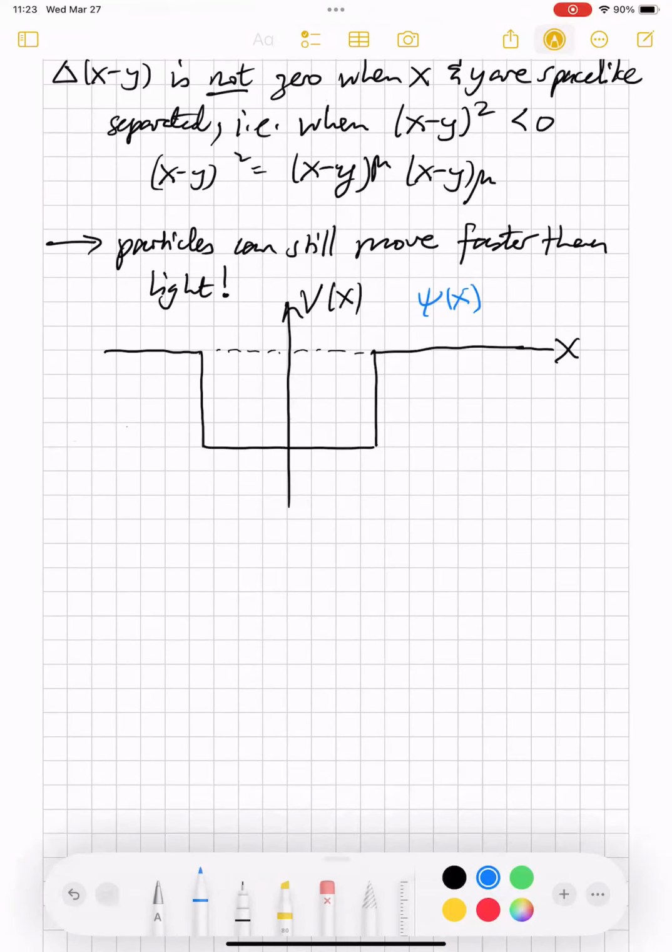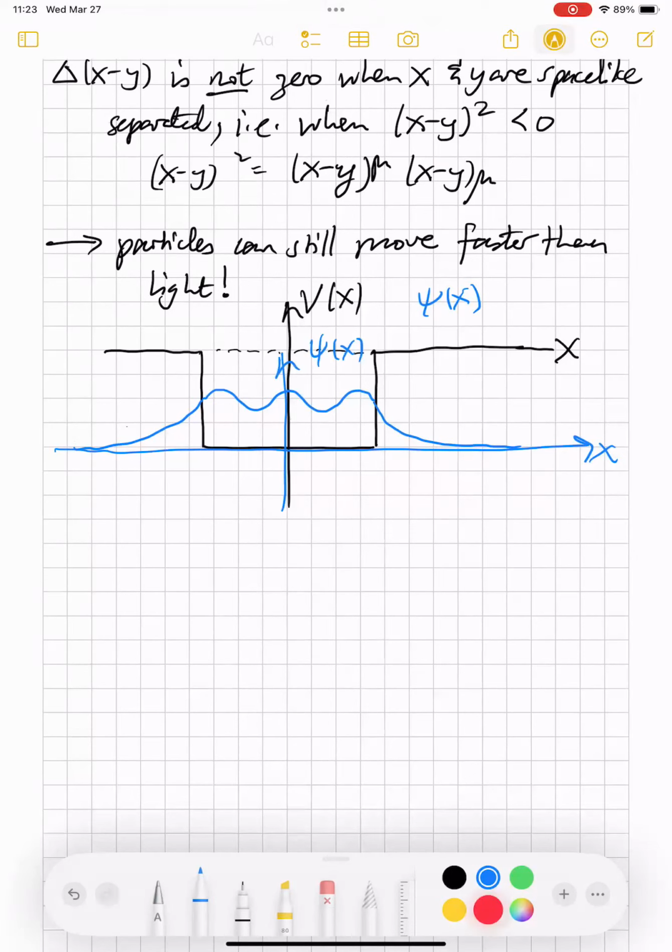And I'm sure you solved this problem in your quantum mechanics course. One of the things that I think you'll remember is that inside the well, the wave function oscillated. And when you left the well, the wave function became exponentially damped. So I've drawn psi of x here. This was x, and this axis over here is psi of x.